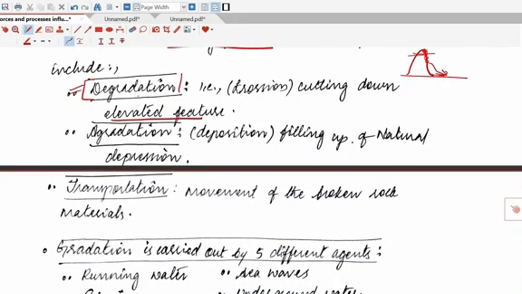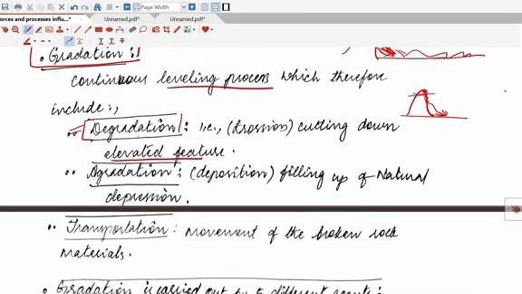Aggradation is deposition, filling up natural depression. See, this is degradation which helps in deforming the rocks. Next comes in picture is aggradation. If this is a depression, this is the aggradation relief.